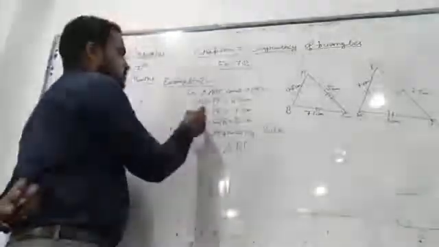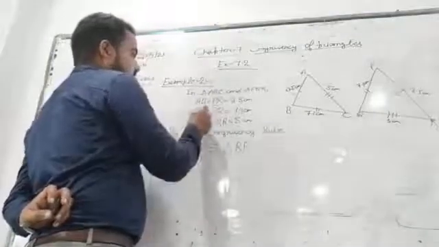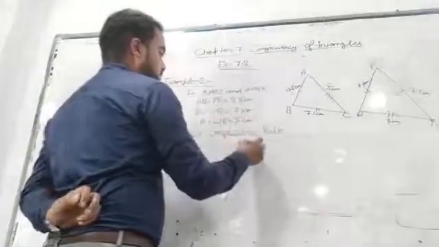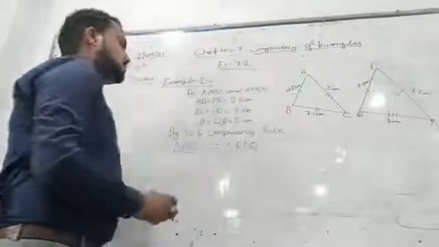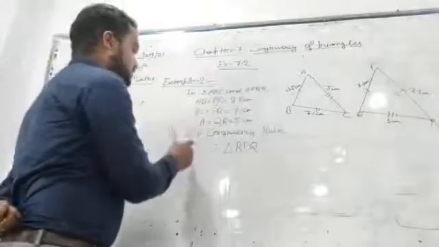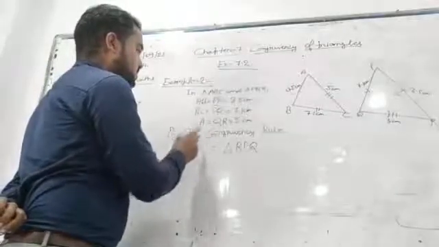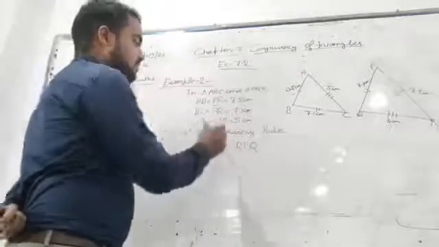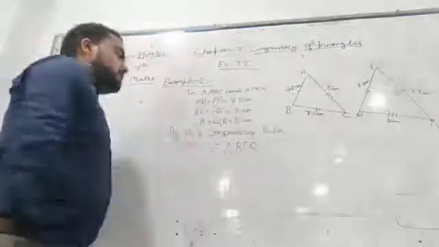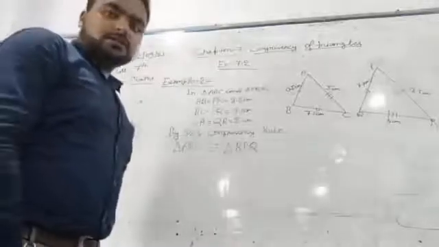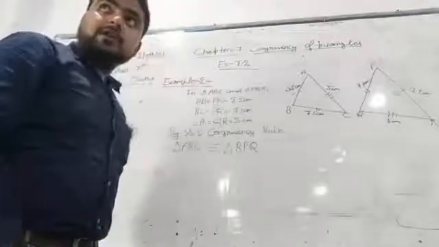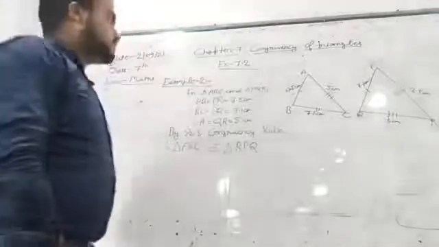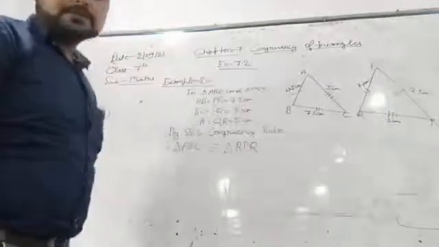Now, if we take BC, which side is equal to BC in triangle PQR? That is PQ. So we write here PQ. Now we can check for the third side, CA. CA is equals to QR, is it? Yes, CA is equals to QR. So all the parts which is written in the congruency criteria are corresponding parts to each other. Okay.